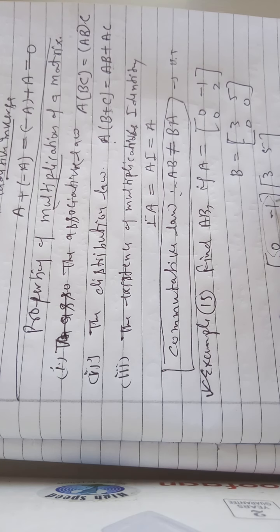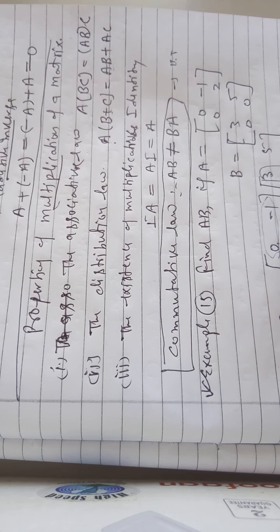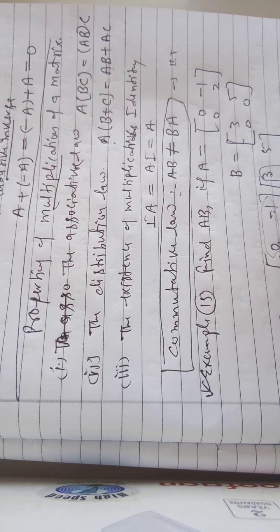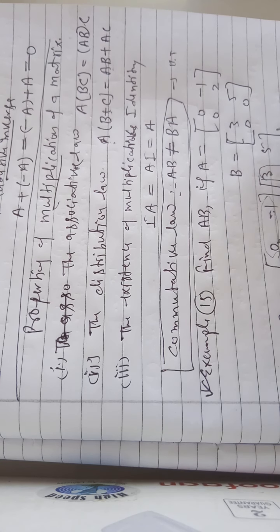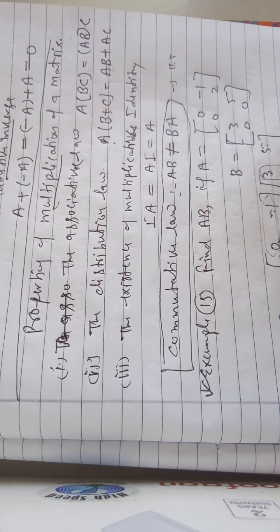Suppose first row multiplies first column: 0 into 3 plus -1 into 0. Clear? This is the first element of the first row. First row multiplies second column: 0 into 5 plus -1 into 0.